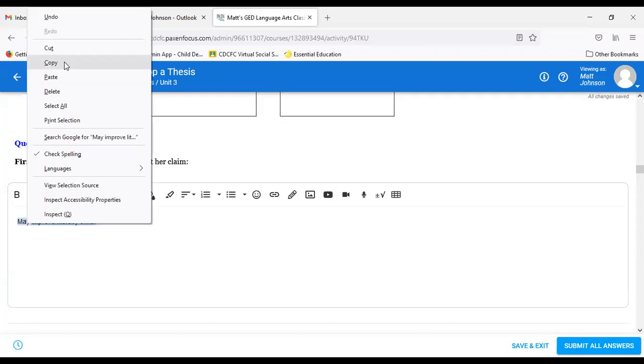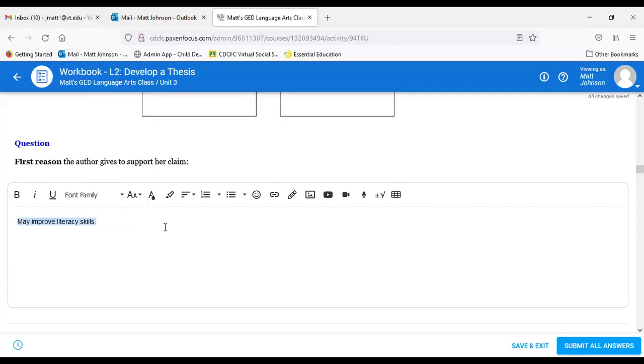And you'll probably notice, like all your tools, you'll have something similar when you do this for your test. You'll be able to highlight stuff, or I think you could even copy and paste. So if you wanted to use a quote, you could lift it from the passage and paste it into your answer. Do that sparingly as far as quoting directly. Try to use your own words a lot. So may improve literacy skills, your first reason.